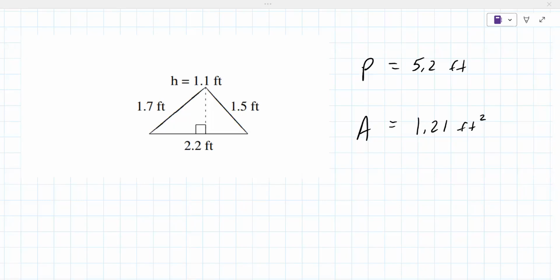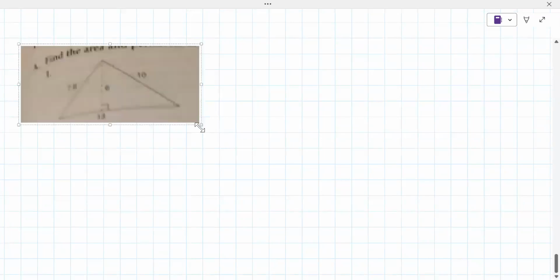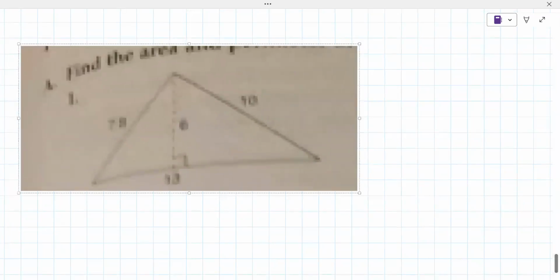You probably are going to want to resend these. I think maybe you'd send them as the lower image quality. Actually, this one is completely unreadable. This is 13, this is 6, and this is 7.8.